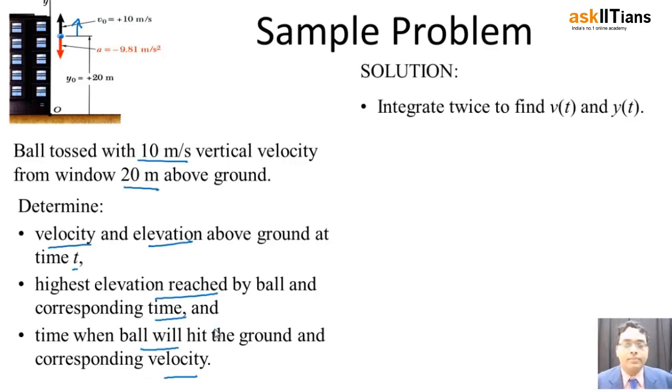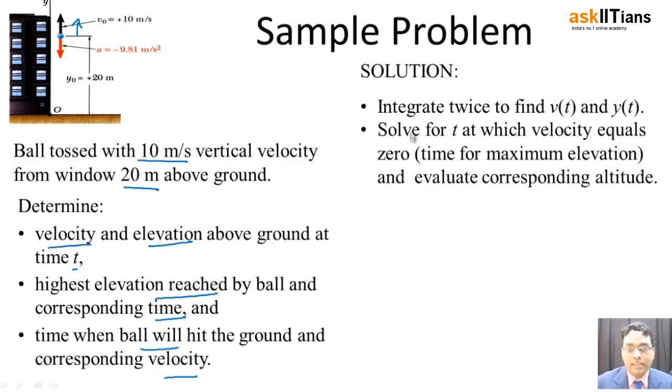So let's try to solve this. These are the steps that we need to follow. We say that the integration form is where the acceleration is given. So you integrate twice to get the function v(t), followed by y(t). Then you solve for t at which the velocity equals 0, that is, at the highest point the final velocity is going to be equal to 0.